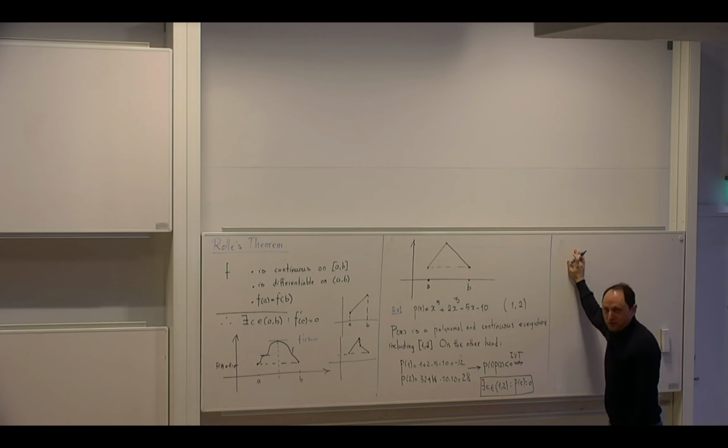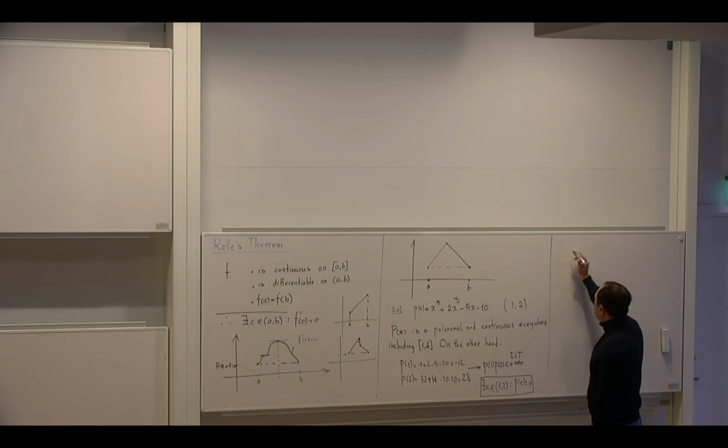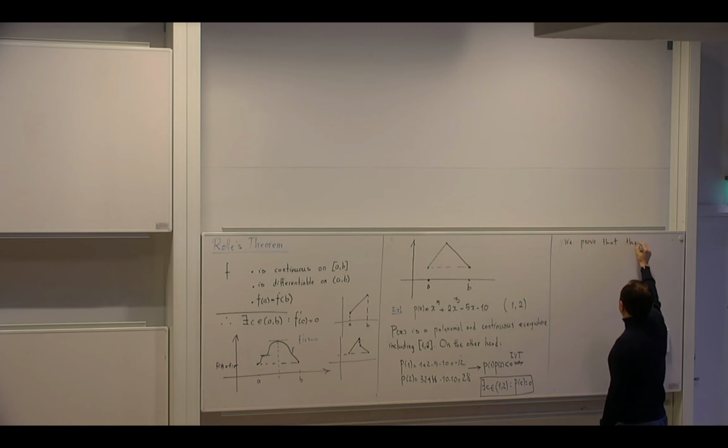If you don't believe, it means that you will still believe there is another C within the interval 1 and 2 for which p of C is 0. So it means that we've proved that this C in 1 and 2 is unique.